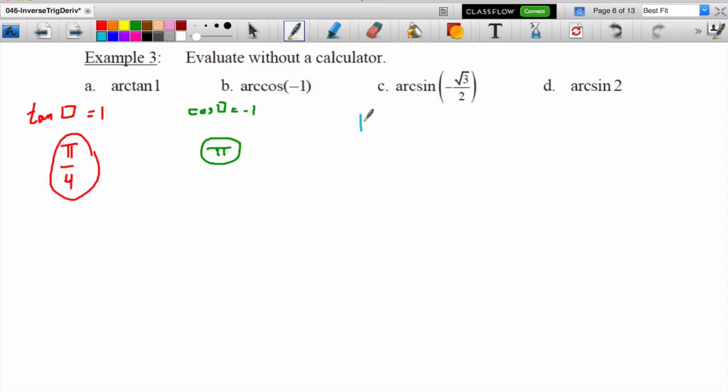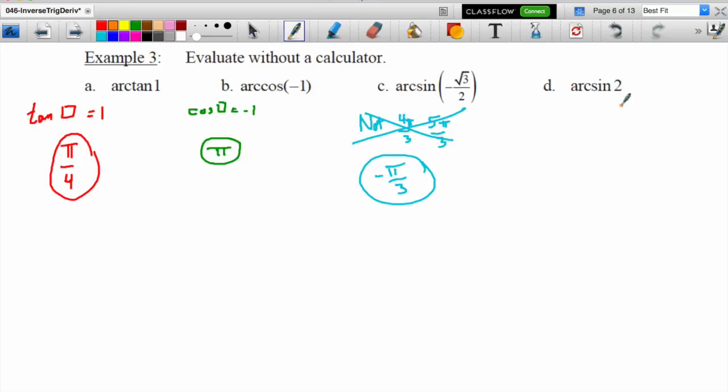So hopefully you didn't put 4 pi over 3 or 5 pi over 3. They're both wrong. The correct answer is negative pi over 3, because that's in quadrant 4 with the right rotation.